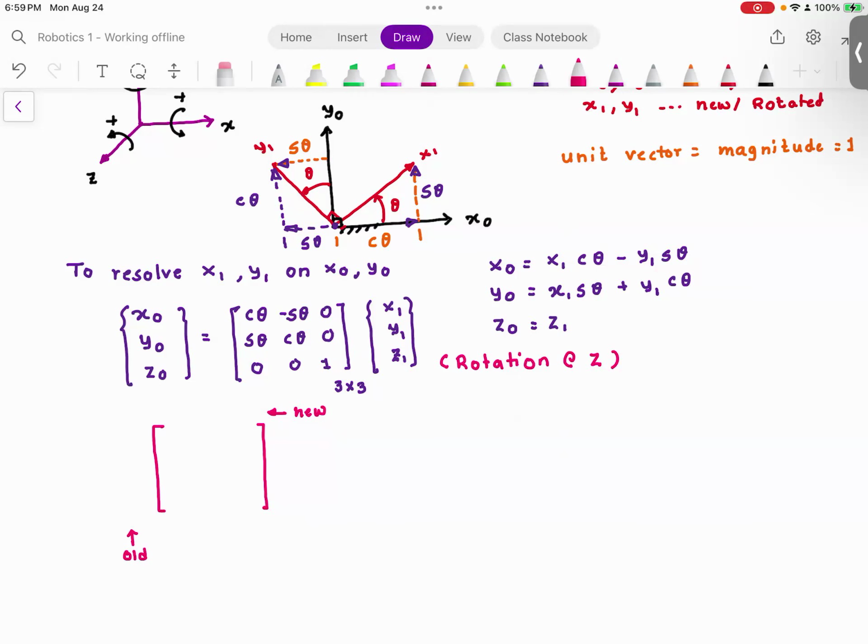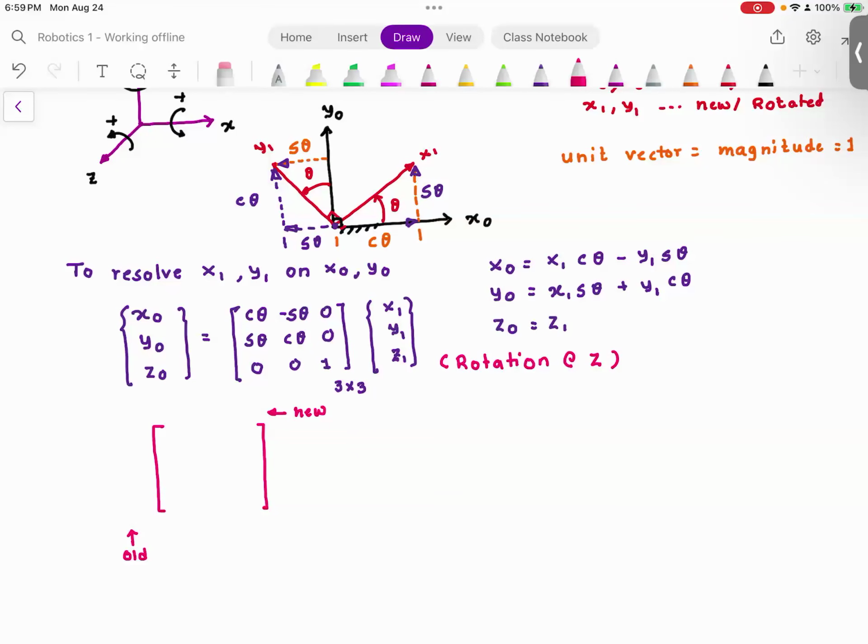Everyone understood this? If you are going to the third frame, x3, y3, z3, then x2, y2, z2 will be your old frame and x3, y3, z3 will be your new frame.